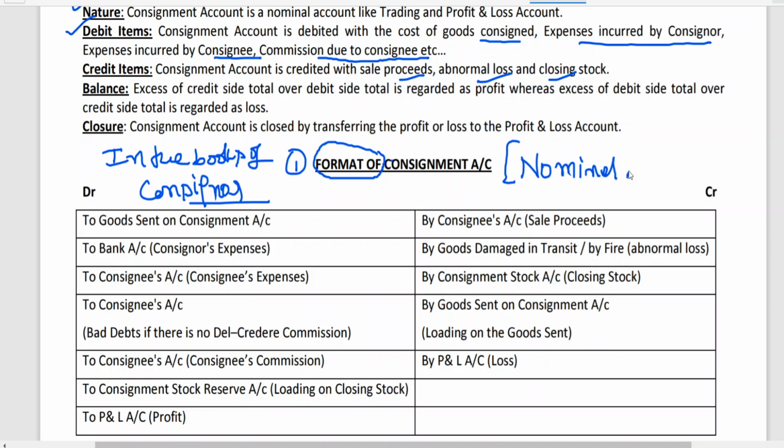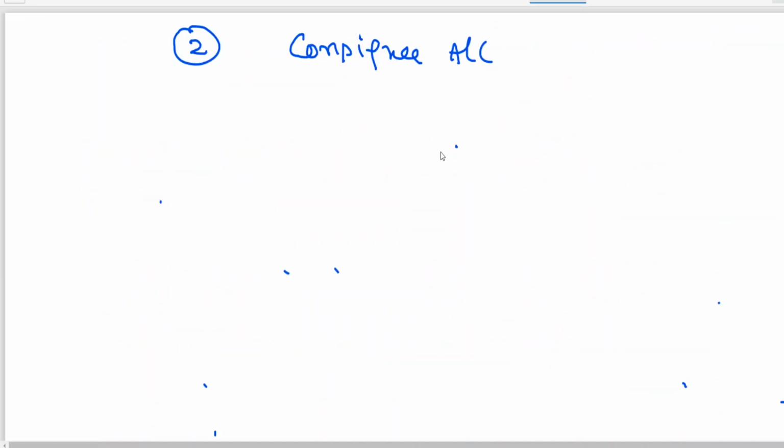Just remember, personal, real, expenses and losses. And here only profit or loss, only one will appear; you don't have both. So whatever entries I have given so far, all are there here. Next, consignee account.